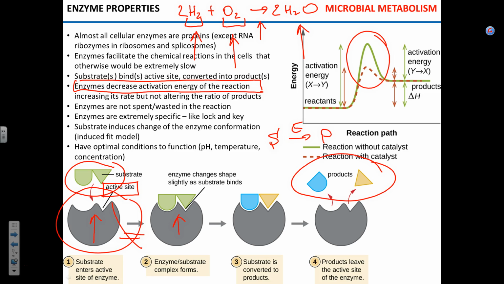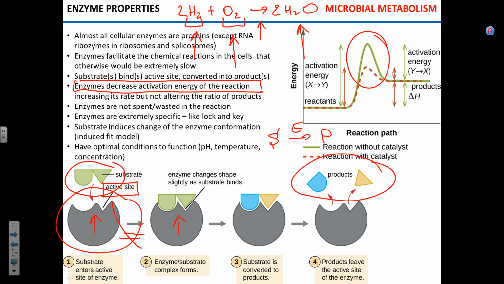Now, enzymes have optimal conditions to work. What are the optimal conditions for, say, DNA polymerase in your cells, pH-wise? 7-ish, 7.4. Temperature-wise, 37, body temperature, right?